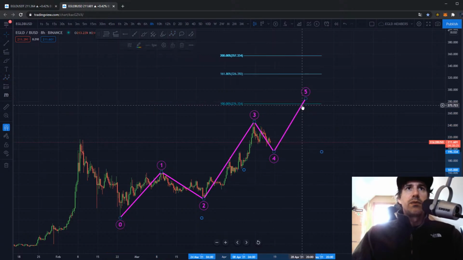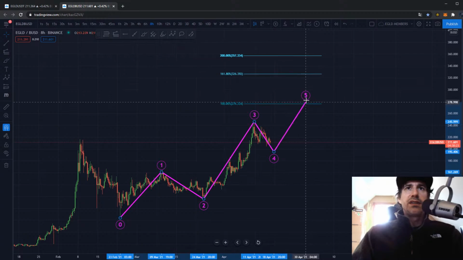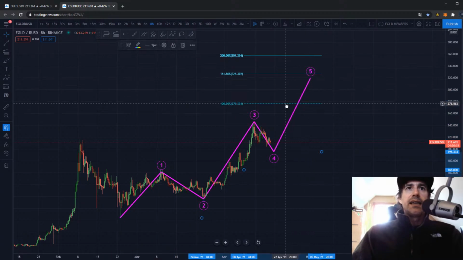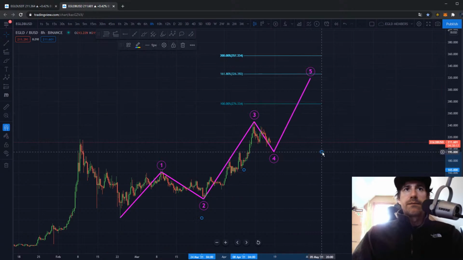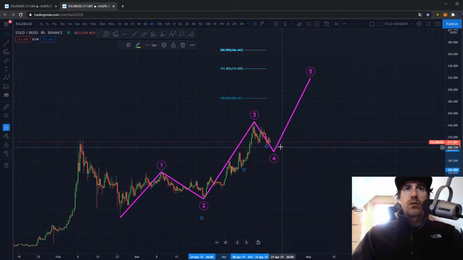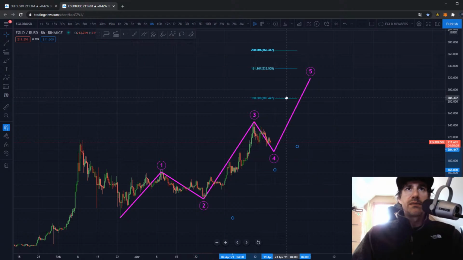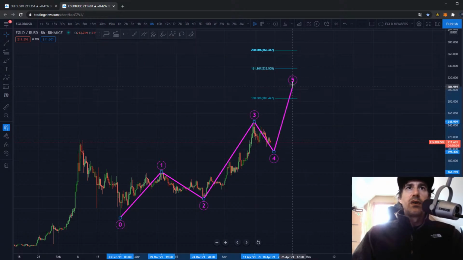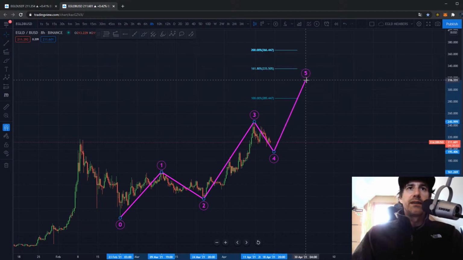Okay, we will have this destination at 326. And if we are not going lower at all, and this was the lowest point that we will go on this wave 4 retracement, you have a possible target at 285 or 335 right there.